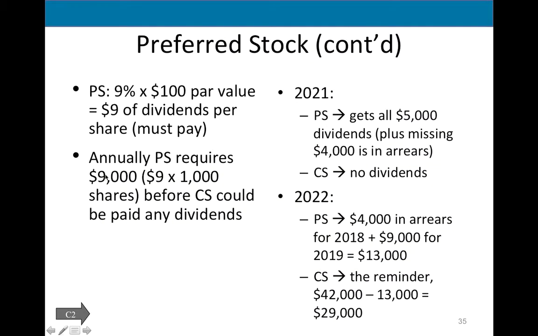So I cannot even pay the full $9,000, right? So I pay all $5,000 to preferred stock, and I keep in mind that $4,000 are in arrears, meaning I owe it to my preferred stockholders. And so in 2021, common stockholders get no dividends.